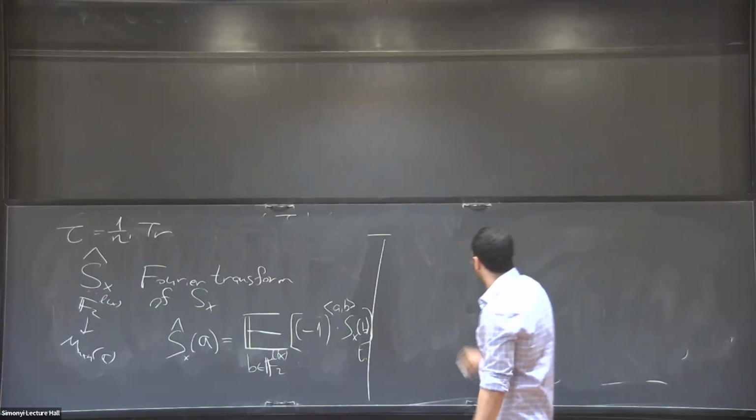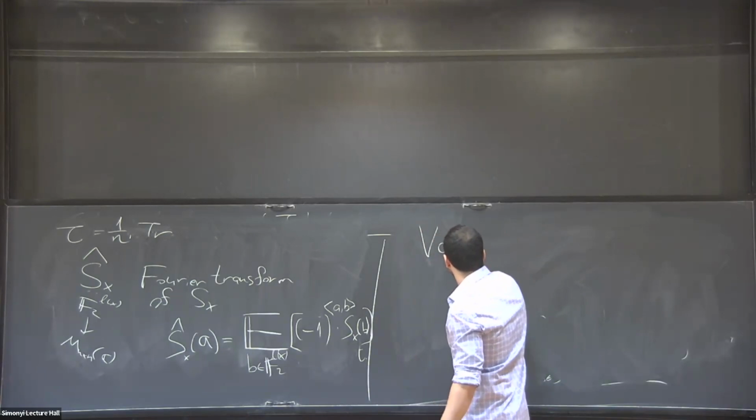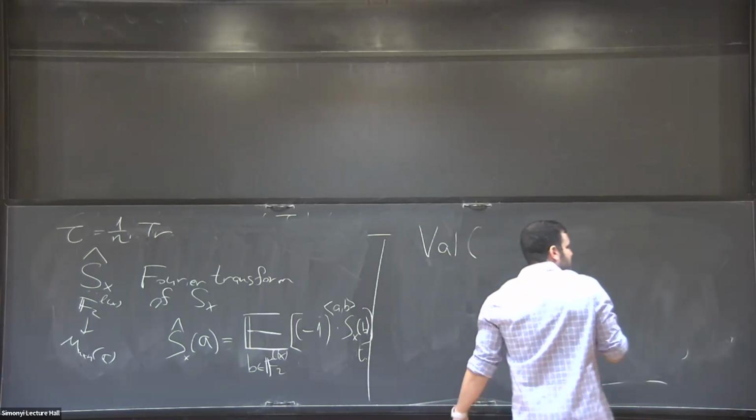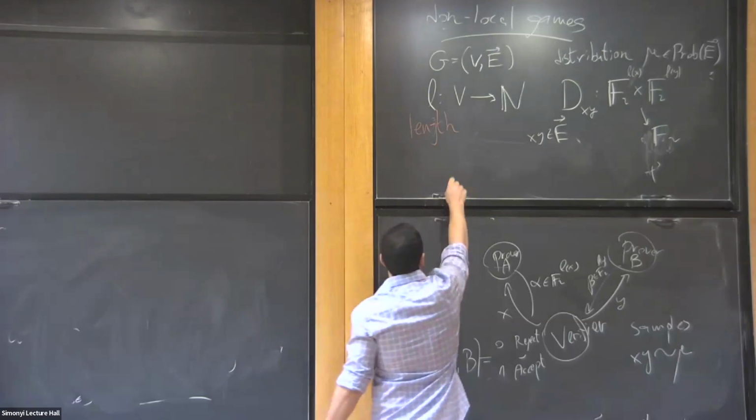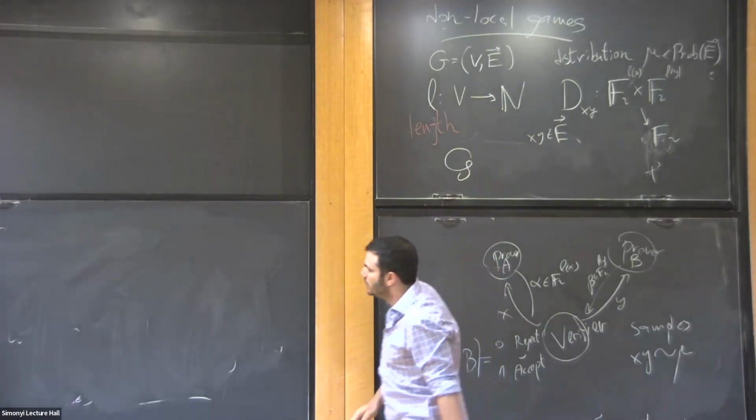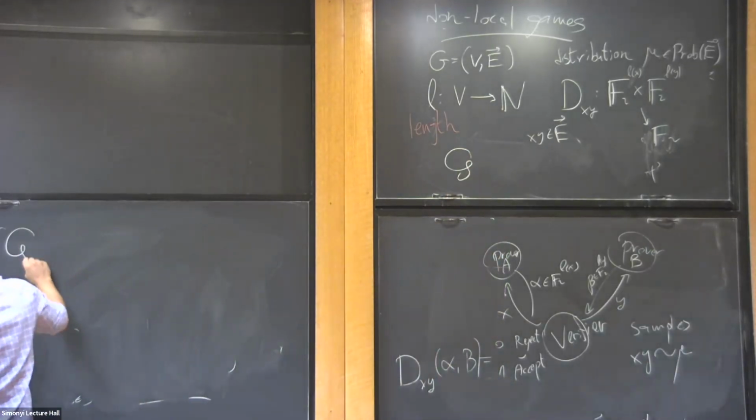But still, what is the value? So let's give this collection of information the name curly G. This is a game for us.